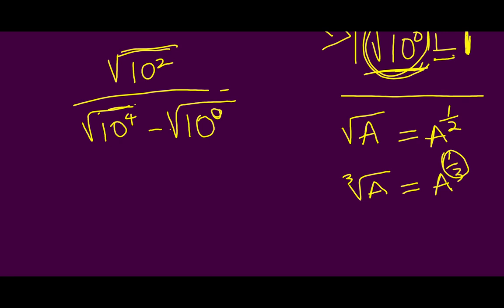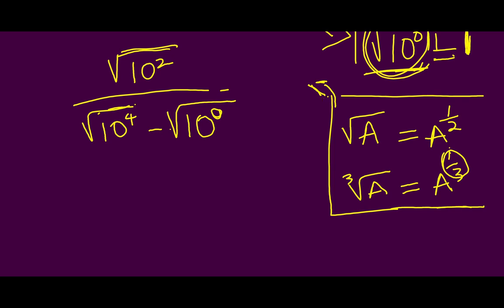So from this knowledge, we're going to then take out these exponents from this fraction. So from the first one, square root of 10 to exponent 2.